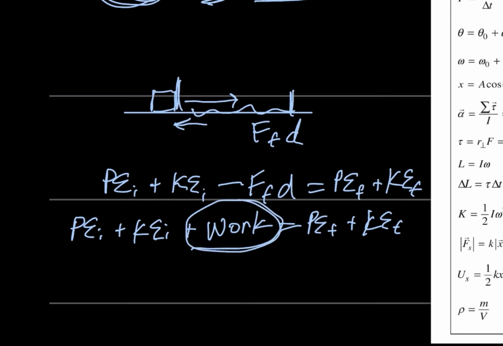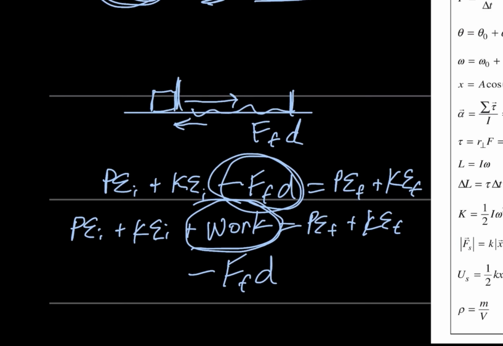And then we said this is the general form of it. But specifically for our purposes, the work was friction in the negative direction. And the work turned into negative friction force times distance.